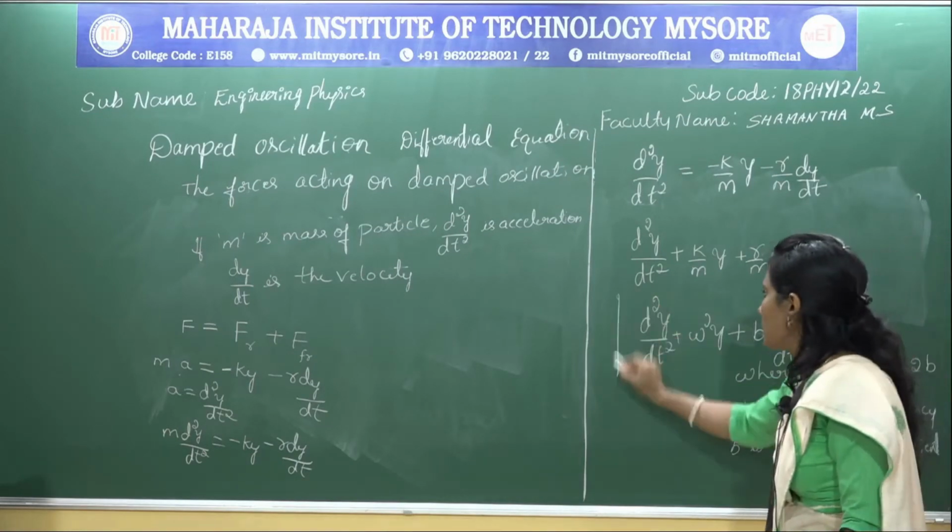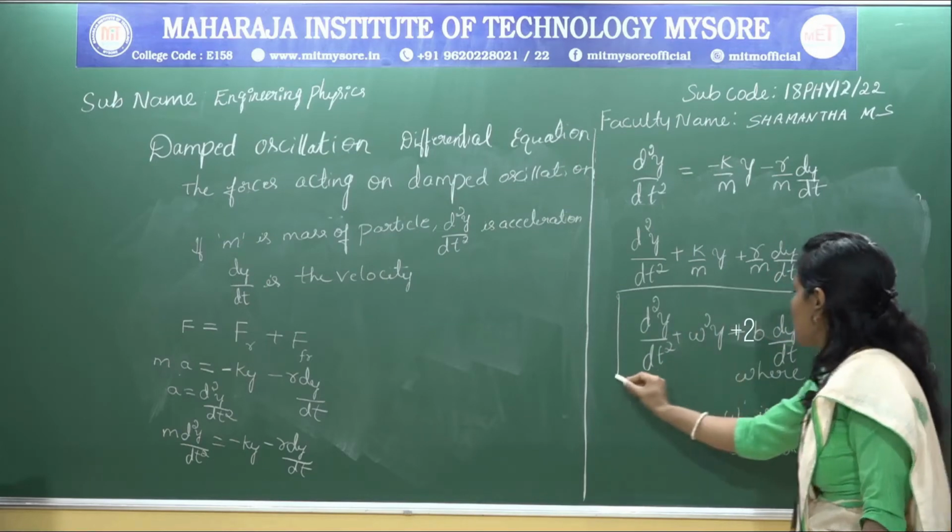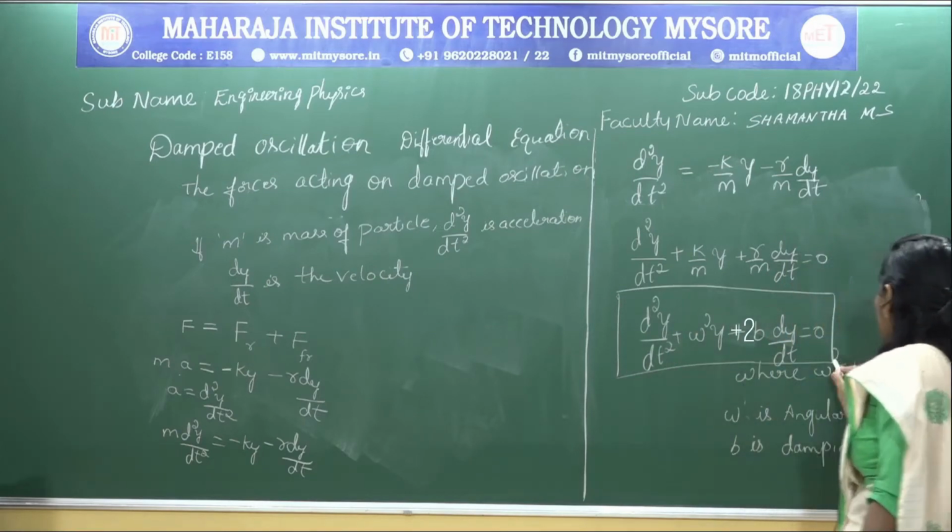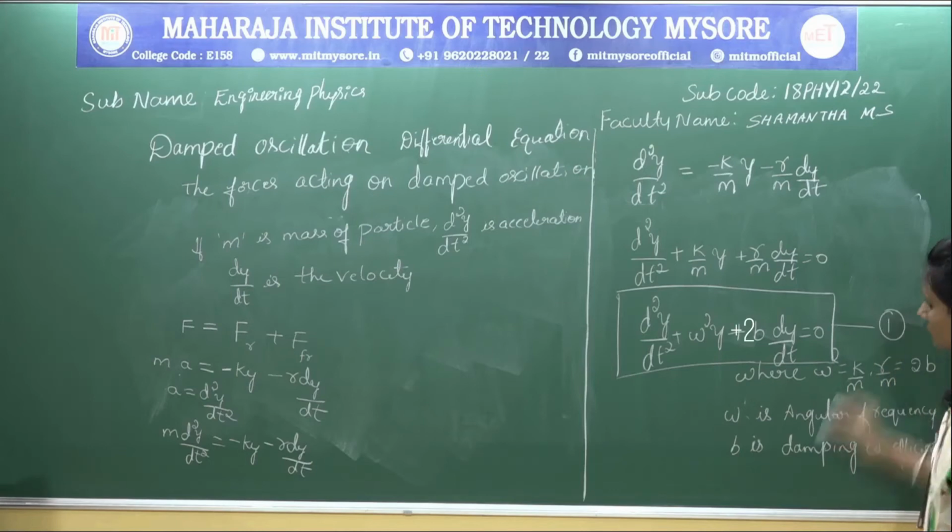So, this is the differential equation. Name it as equation number 1. This is the differential equation of damped oscillation.